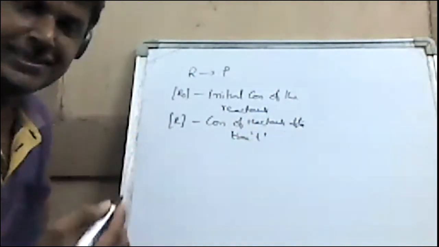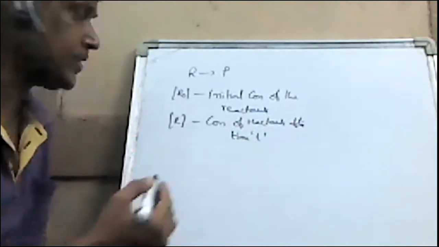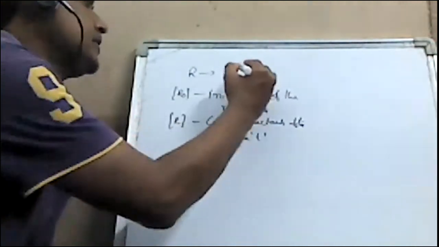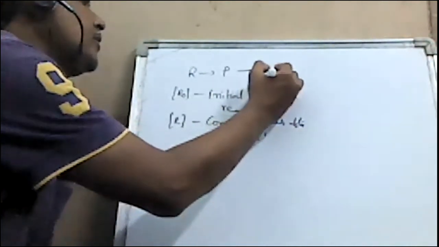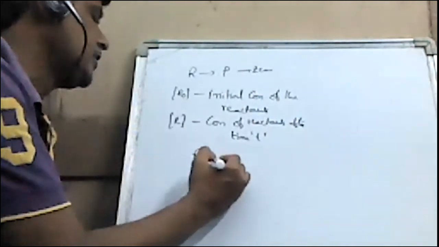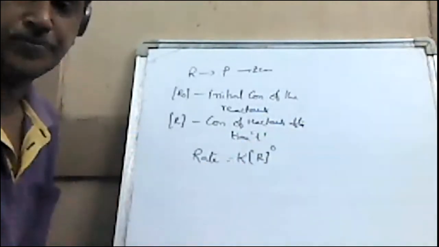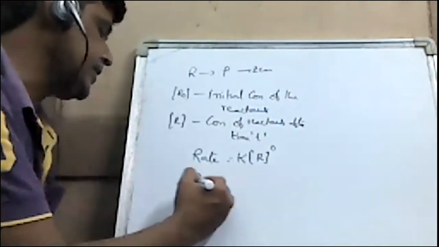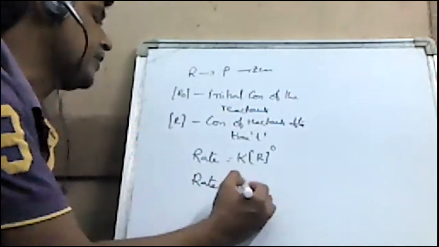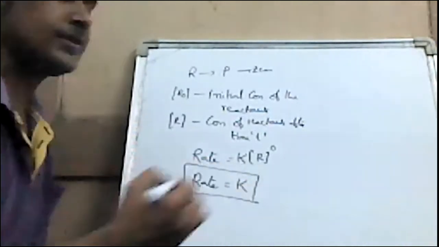Now, if we write the rate expression for this zero order reaction, rate is equal to K into R naught power. That means rate is independent of the concentration of the reactants.